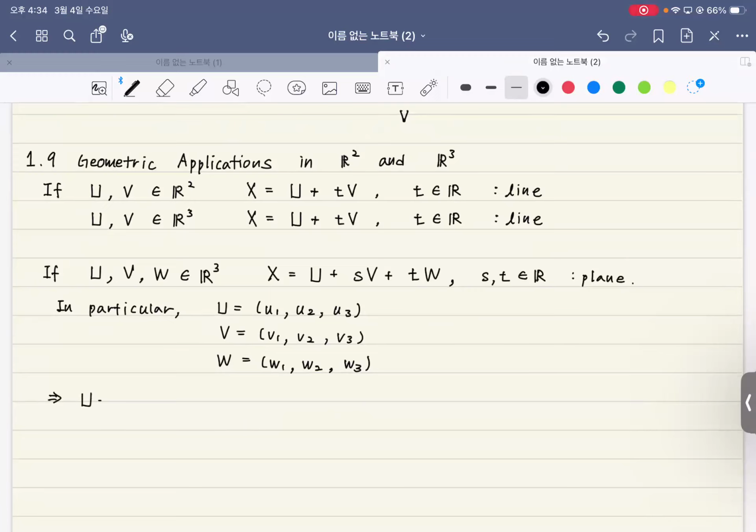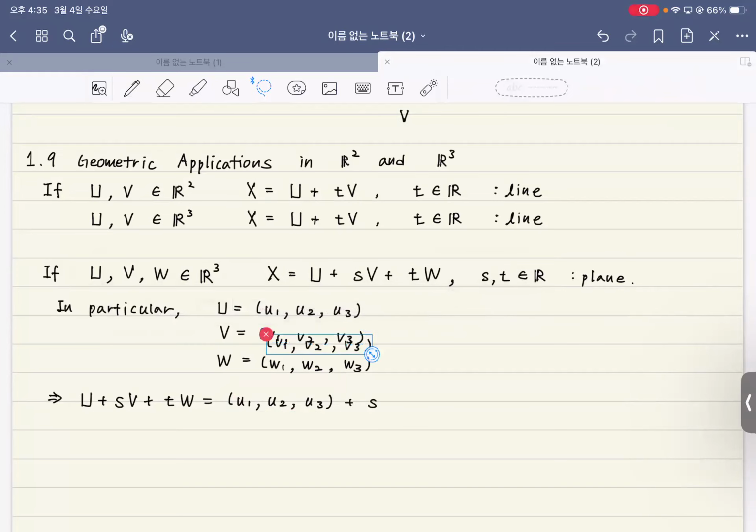So U plus SV plus TW is going to be this vector plus S times this plus T times that.